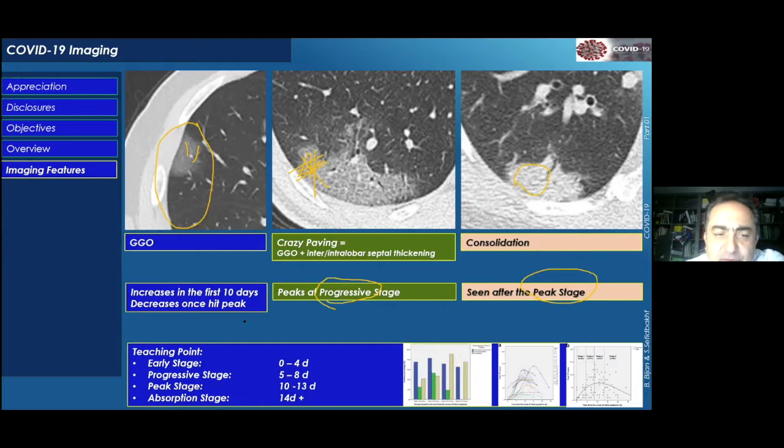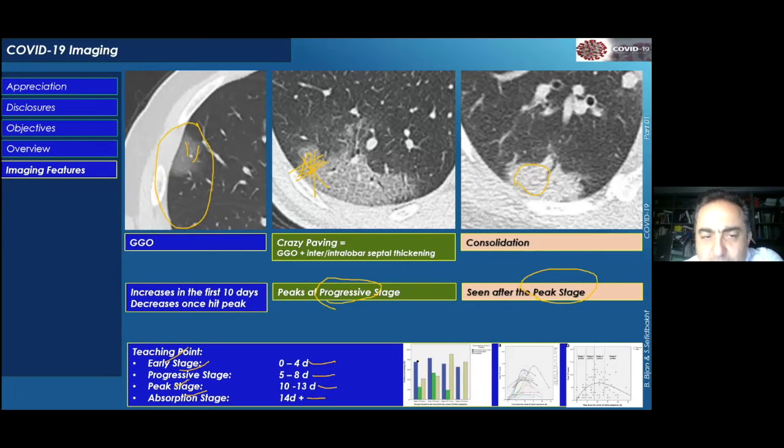If you divide the course of the disease into four stages, early, progressive, peak, and absorption, we say 0 to 4 days, 5 to 8 days, 10 to 14 days, and after 14 days. We're going to have these four phases of the disease.